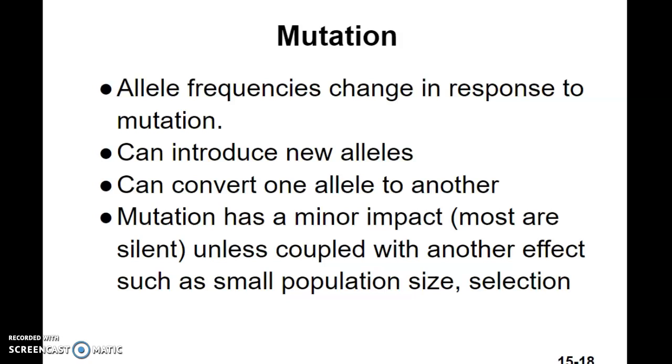But keep in mind, mutation can have really minor impacts. Most are actually silent, don't do anything. They're not actually in a gene itself. And even if it does change something, whether it's for better or worse, unless it's coupled with another effect, such as a small population size, natural selection, something like that, it can take a long time before mutation really impacts or changes a species.